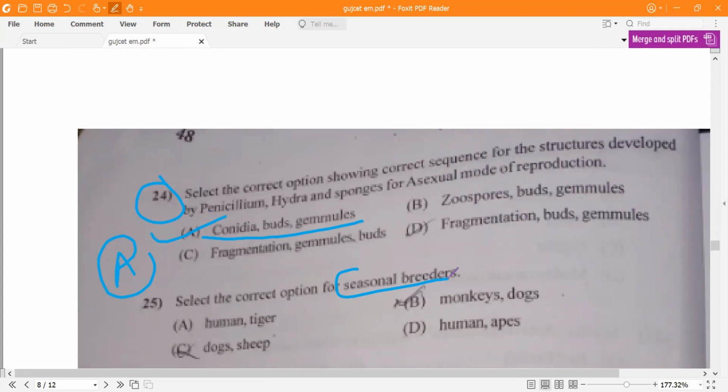Now, in your textbook, they have not mentioned the examples. They've given the menstrual and estrous cycle difference. In NEET there are some other examples, but rarely have they asked questions. So in this condition, beta, it will not be humans and apes.